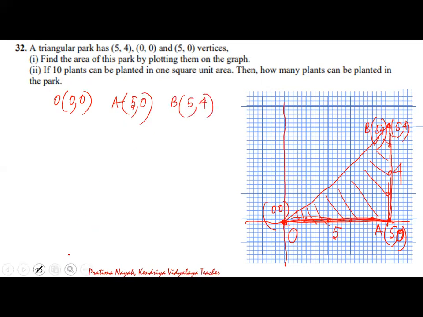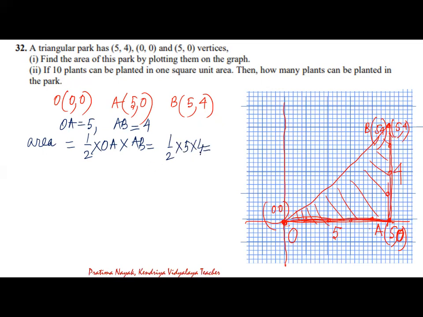Then OA is equal to 5 as I've drawn, AB is equal to 4. So the area of the park is half base into altitude, so this will be half into 5 into 4.